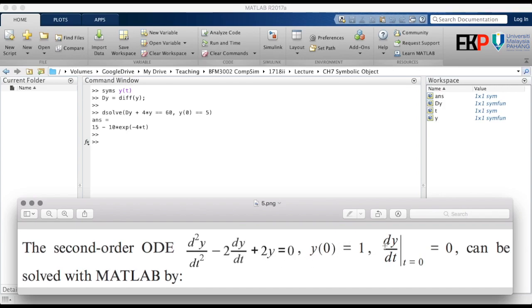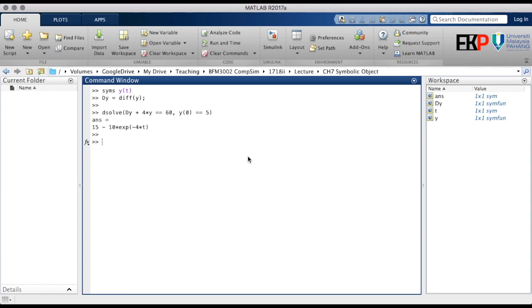And we have two conditions given here, y(0) equals to 1 and dy dt at t equals to 0 is equal to 0. So to solve this, we need to define another variable that is d2y. This is then equal to the differentiation of y comma 2. It's the second derivative of y.